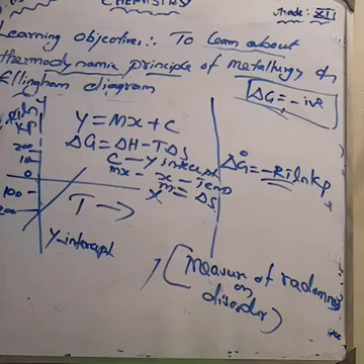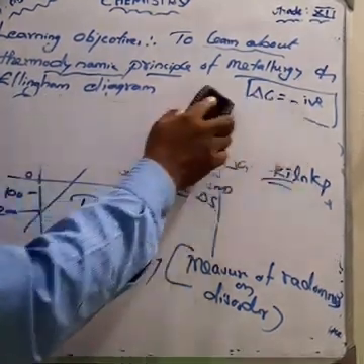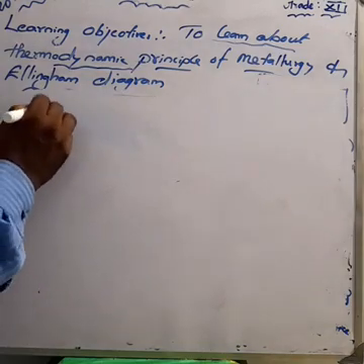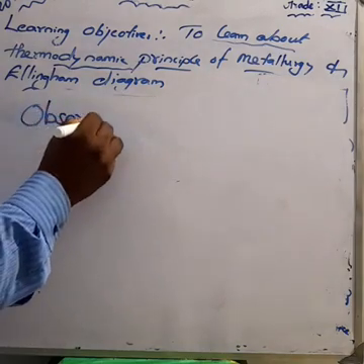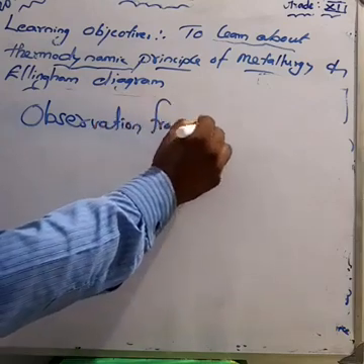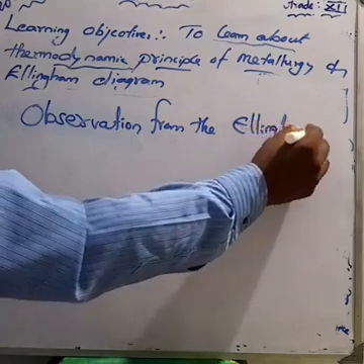Now we can discuss the observations from the Ellingham diagram. Dear children, please all of you refer to the graph.